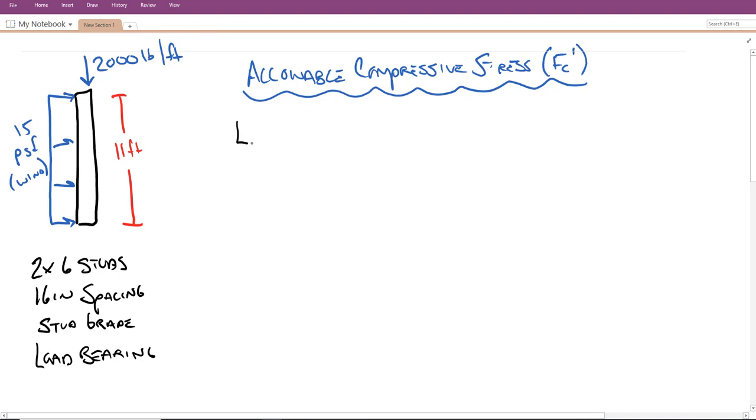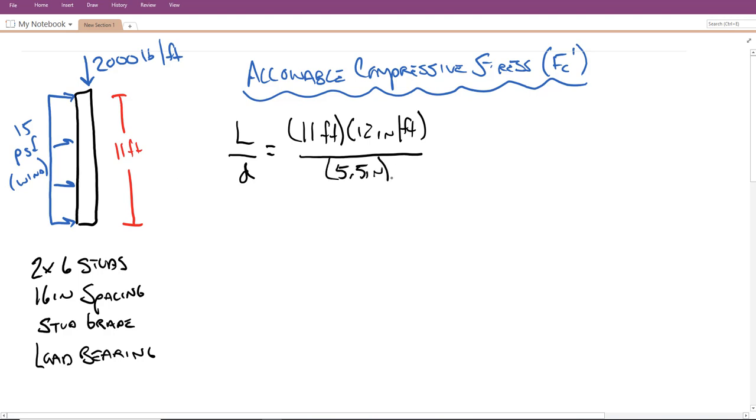We want to check our L over D ratio for the strong axis. Of course, the strong axis would use the full height, 11 feet. We would convert that to inches, and we would want to use the strong axis dimension. This ends up being the larger value for a 2x6 wall. And if we run that math, we discover that L over D, or my slenderness ratio, is 24.